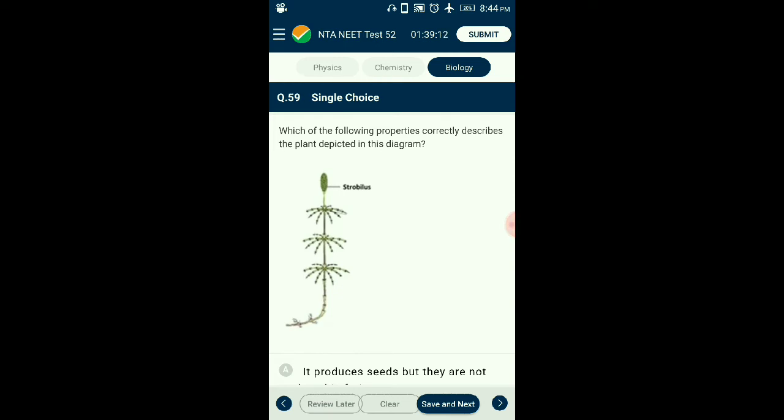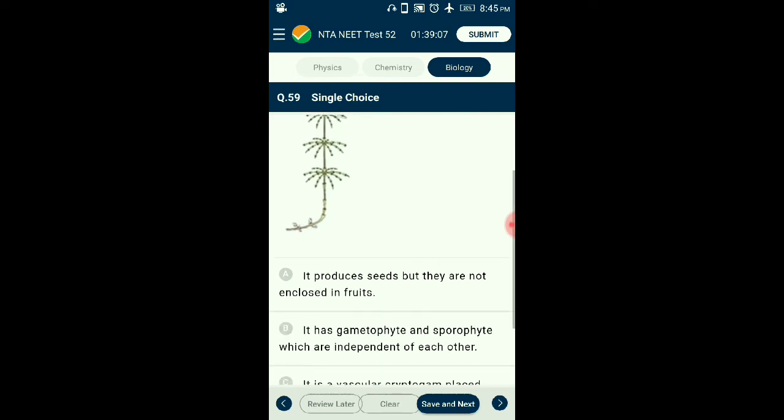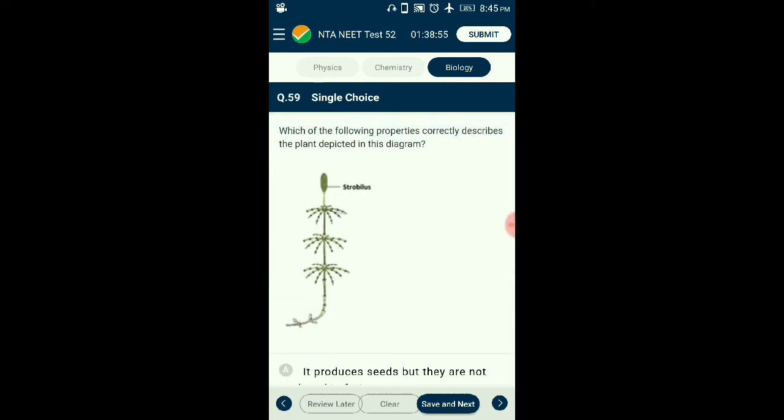Production of seeds without fruit is characteristic of gymnosperms. Protonemal stage and plants without true roots are seen in mosses. So the answer for this question is option B. It has gametophyte and sporophyte which are independent of each other. So that correctly describes the plant depicted in the diagram.